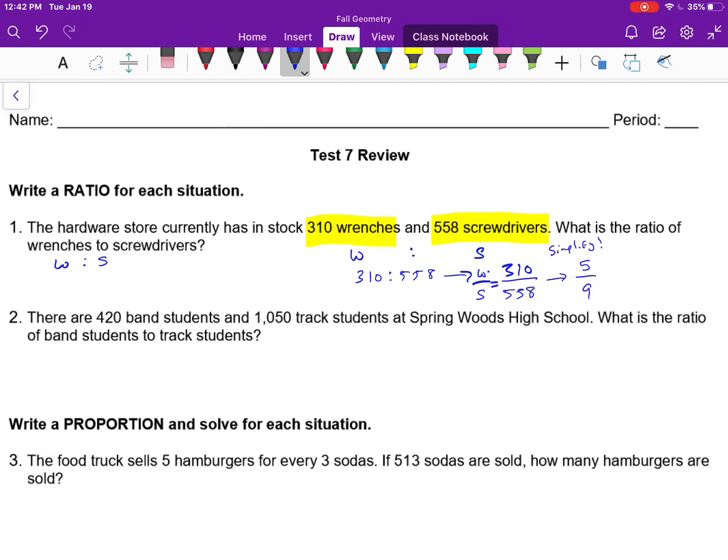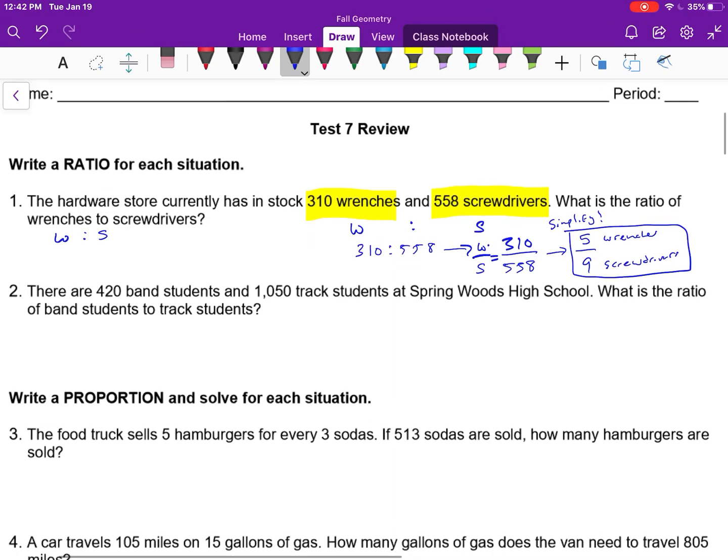So this will be your ratio. What does this mean? That means that you have 5 wrenches to every 9 screwdrivers. So that's one of your examples.